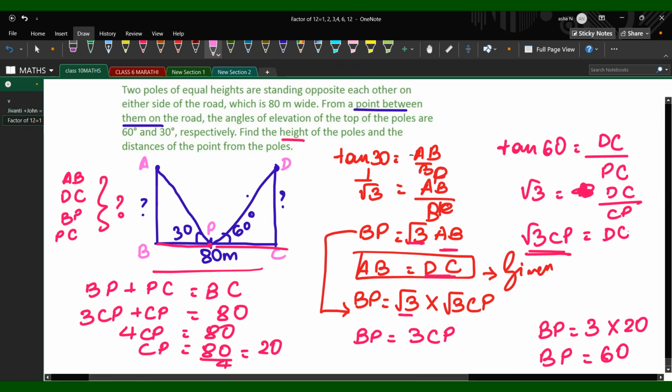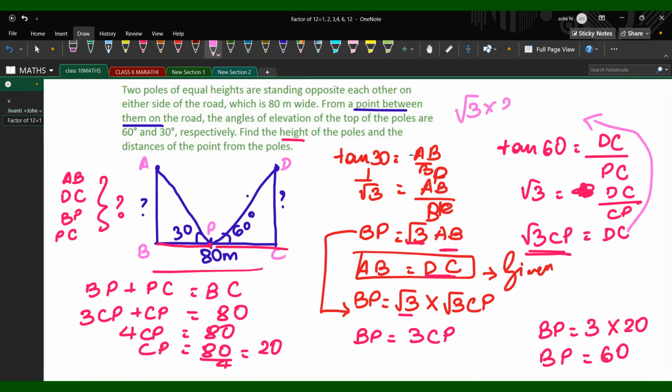We can take any, any will work. Either we can substitute in AB or we can substitute here wherein DC is there. So root 3 CP is how much? CP is 20, so it is 20 root 3, which is DC.